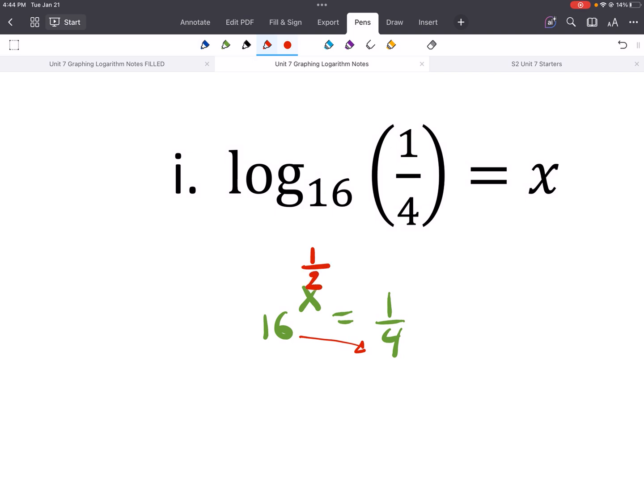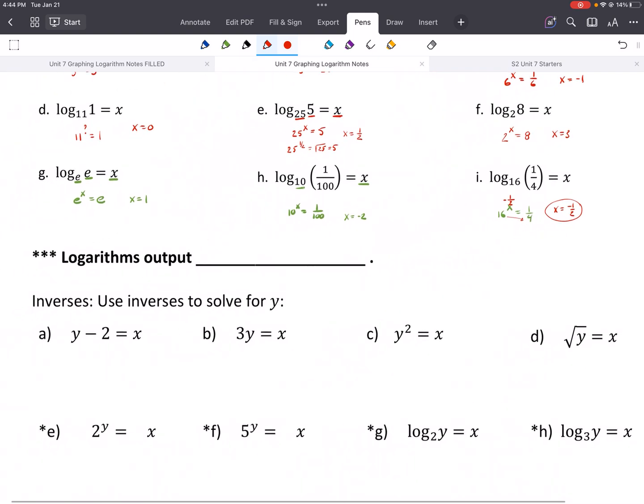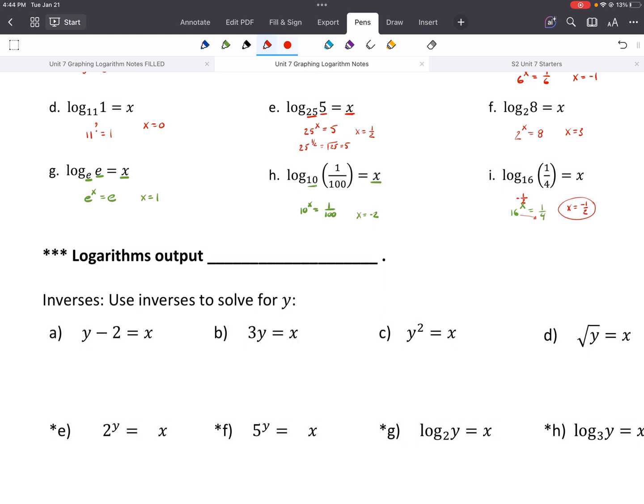That would just give us 4, and then to have it go in the denominator, it'd have to be a -1/2. So x is -1/2. Okay. All right. So logarithms or logs output what? They output exponents. So all of our answers are exponents.